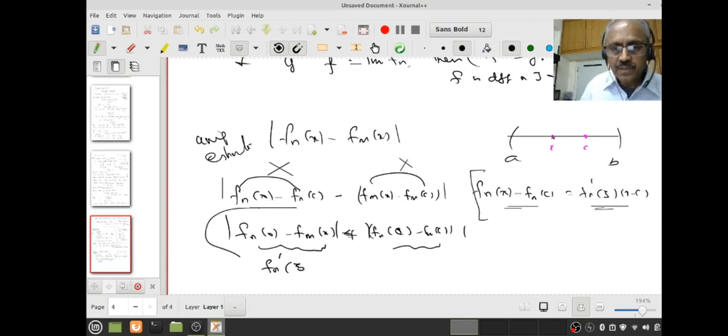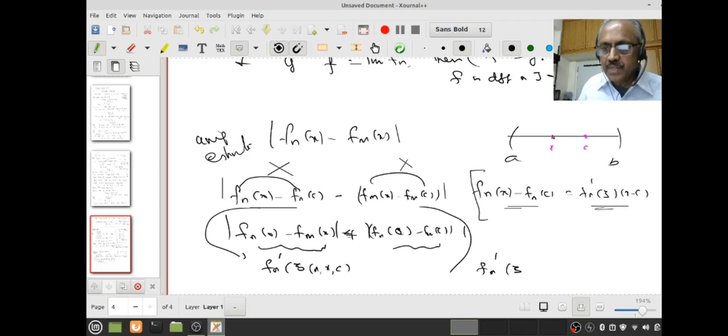This xi will depend upon n, x and c. c is fixed, therefore I can simply say n and x. And here this one will give me fm dash of xi, but that xi will depend upon m, x and c. x and c are okay, but m and n may be different. Therefore this xi and this xi will be different.